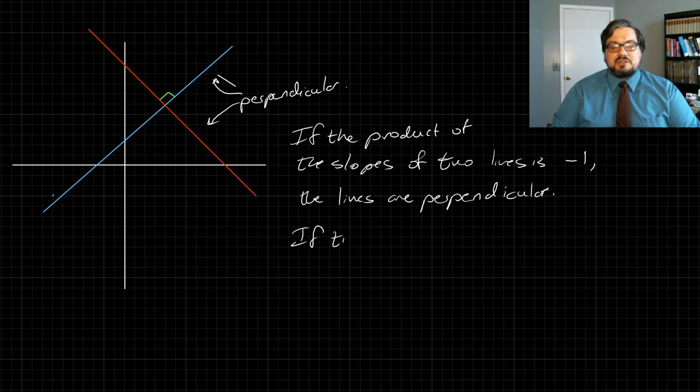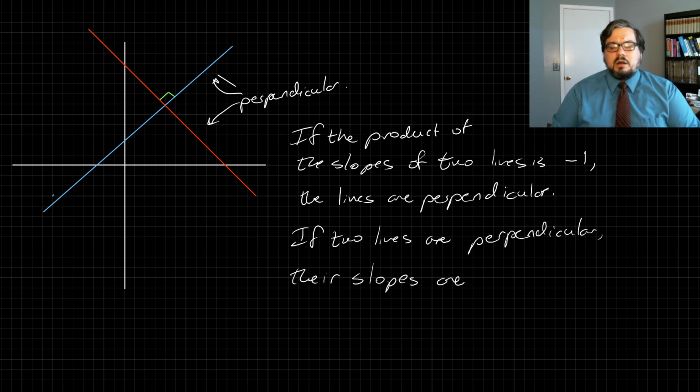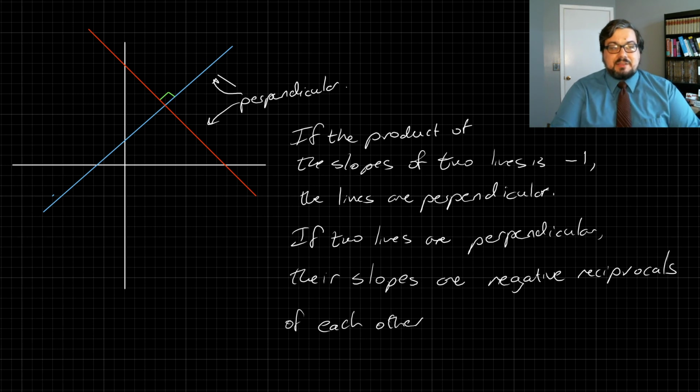And if two lines are perpendicular, their slopes are negative reciprocals of each other, which is really just another way of saying that their product is -1.